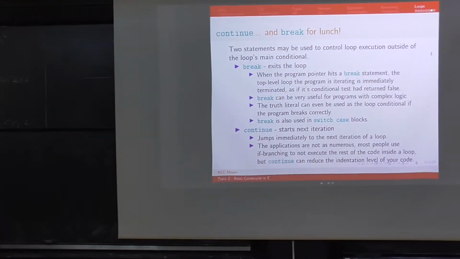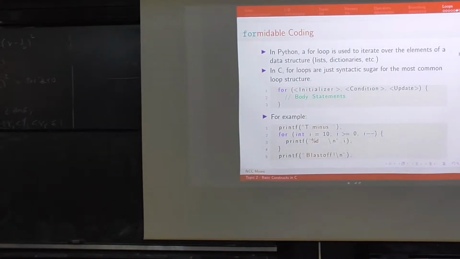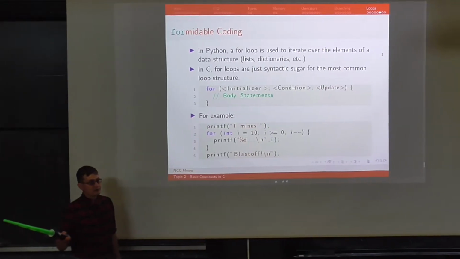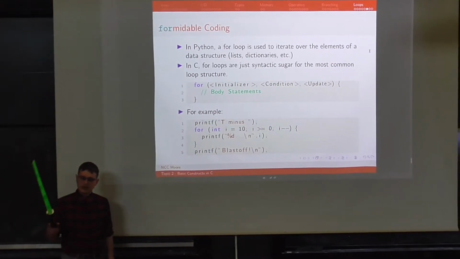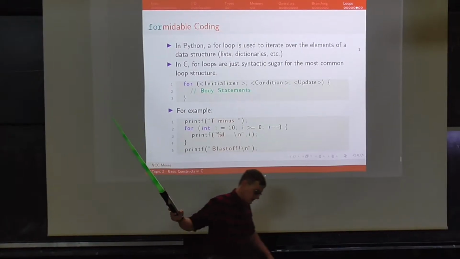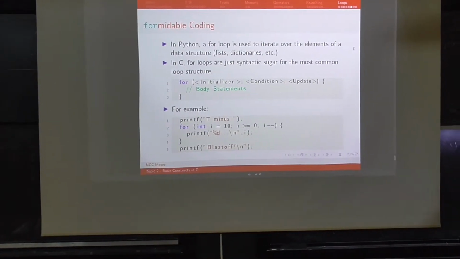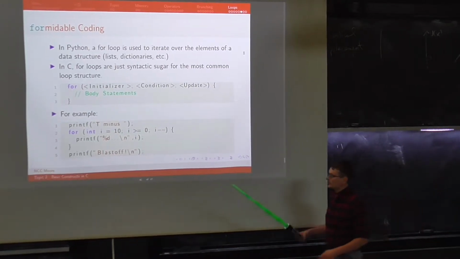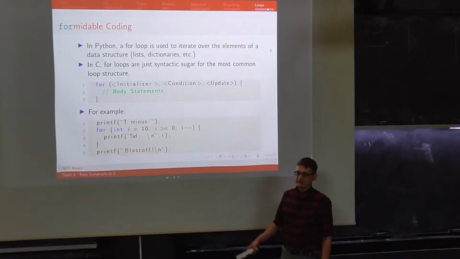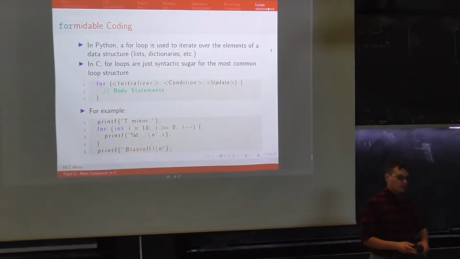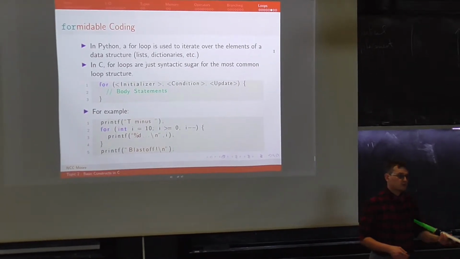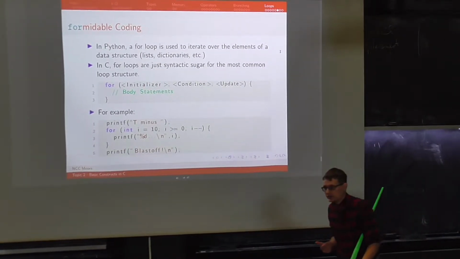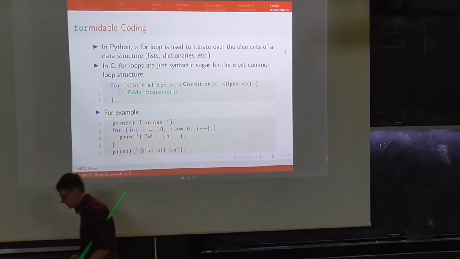So we were talking about loops. Very briefly, while loops in C and in Python are basically exactly the same organism. However, for loops are a very different organism. The for loop in Python is much closer to some languages' for each loop, which iterates over the elements of a data structure.